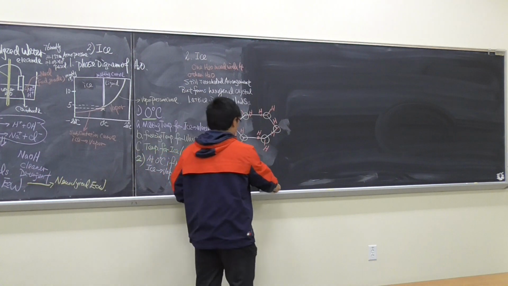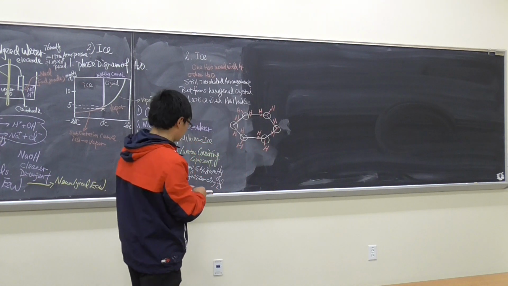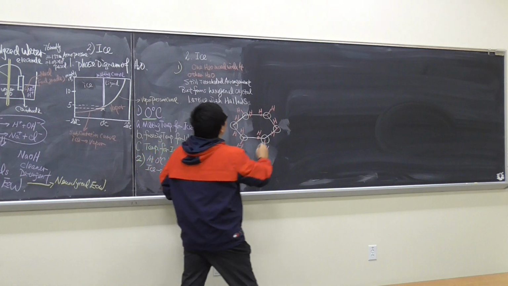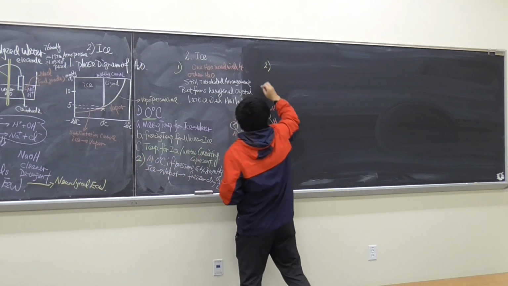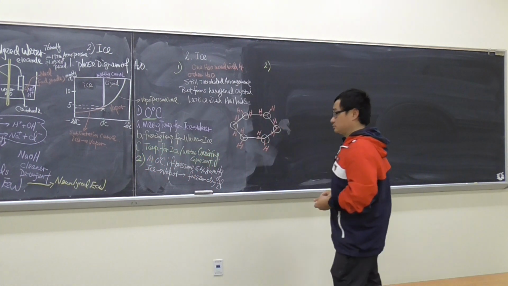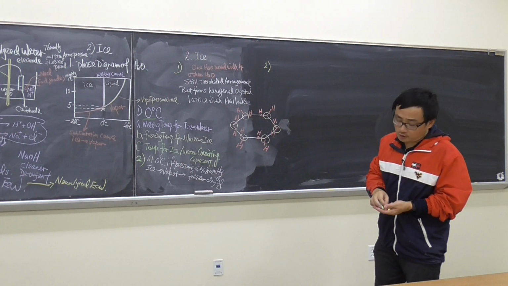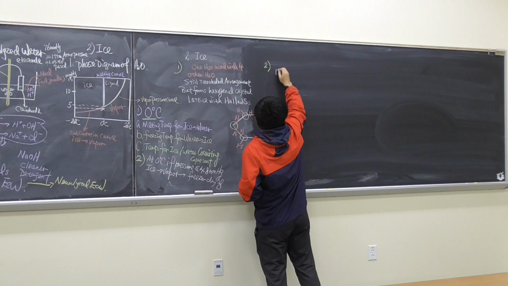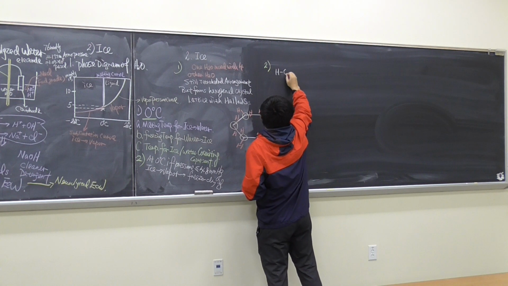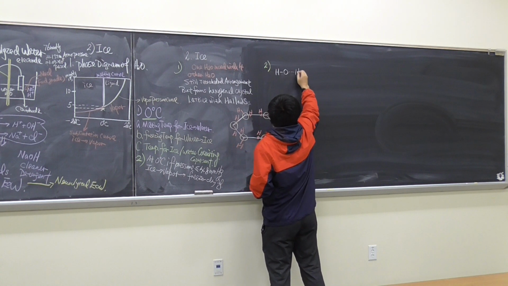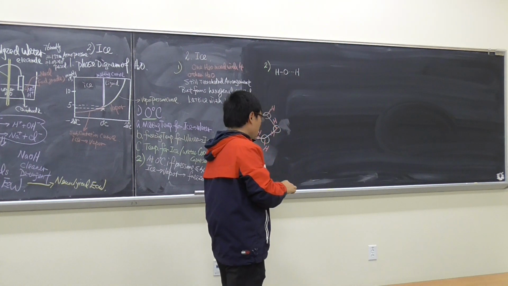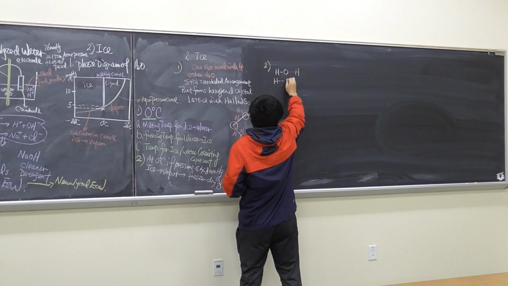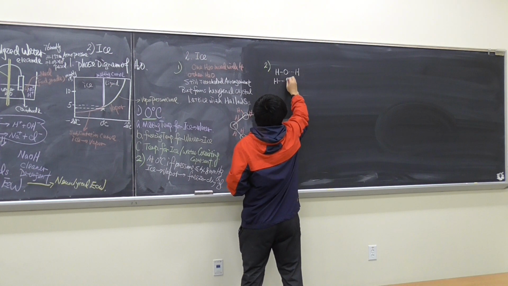Now, there is a little bit of math behind that. A little bit of math is that there are two possible positions for the proton, the hydrogen ion. They could connect with this, or they could connect with that.